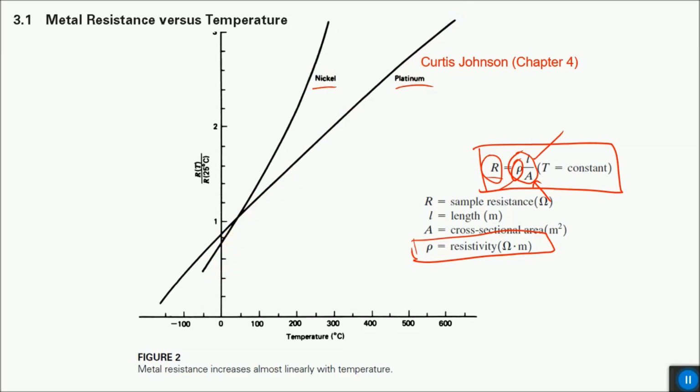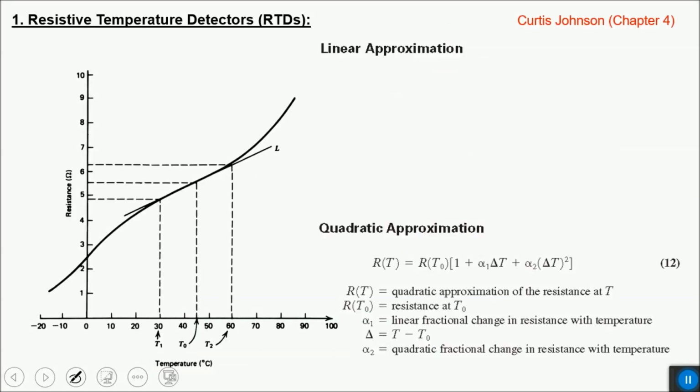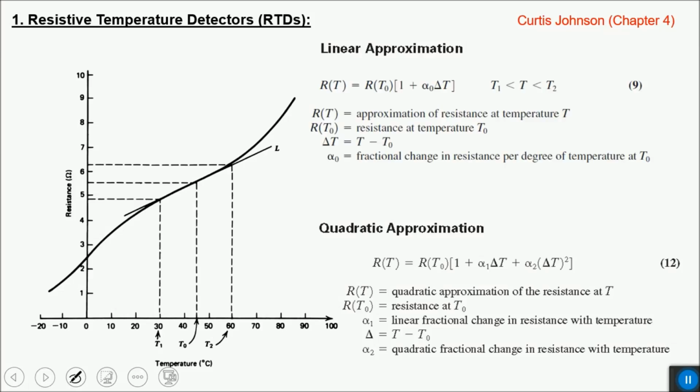And to further add to that, the resistance change versus temperature change is non-linear. We can clearly observe it here in both these cases. In certain ranges, it can be considered as linear with different slopes. So in case of RTDs, resistive temperature detectors, this is a common plot of resistance versus temperature of one of those RTDs.